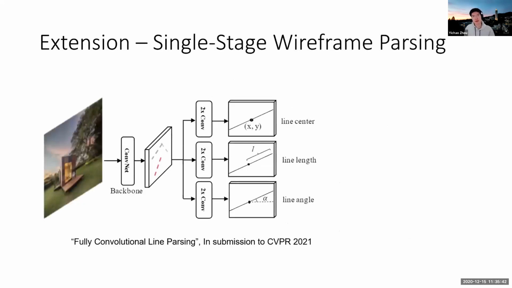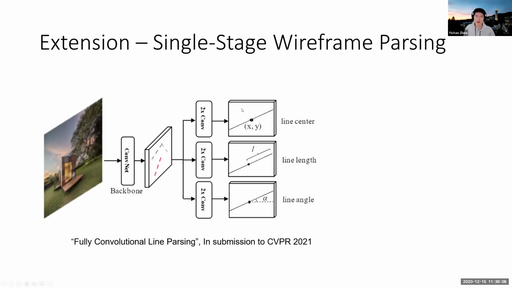This year, we also did follow-up work. The important thing about the LCN, the previous work, is that we identified that the problem of line detection is very similar to object detection, so you can use most object detection methods for line extraction.